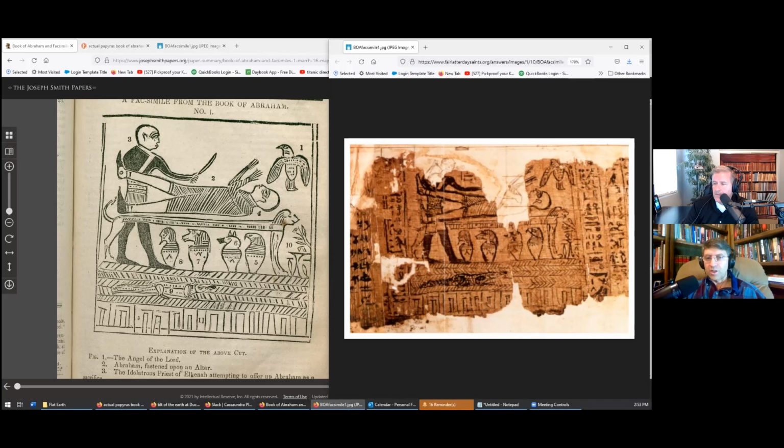And I'll tell you, for a long time, I thought that question was irrelevant, and there's a reason why I thought that. The text itself says that Abraham is not in Egypt when this happens, but he's in a place where there's Egyptian influence, but that it's clearly a mixture of Egyptian, Mesopotamian, and Canaanite. Well, maybe Mesopotamian. I don't know about that.